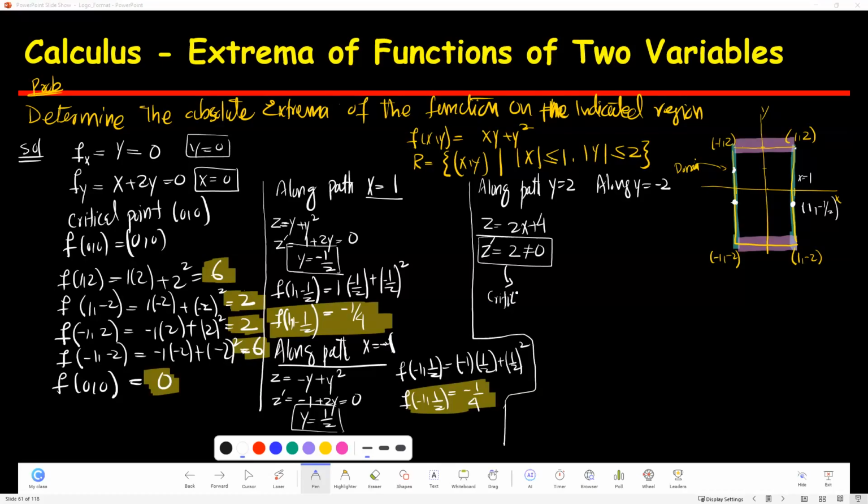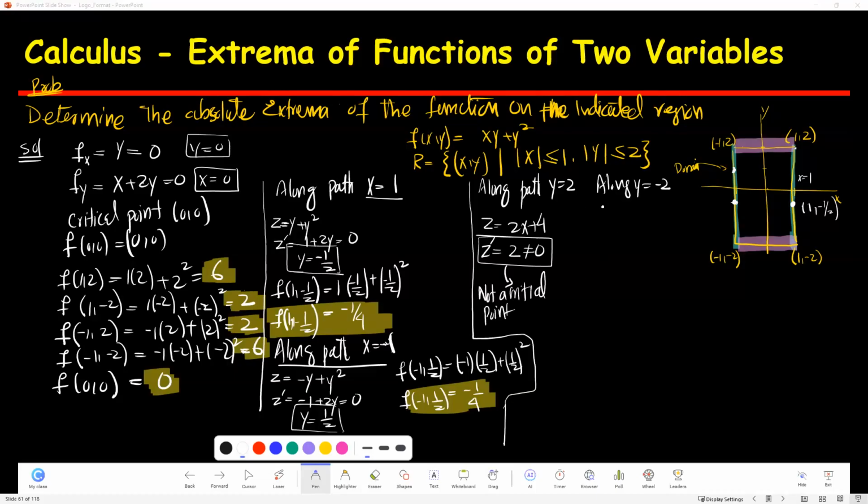It means the function at this point is not doing this, is not doing that. I don't know what it's doing. Maybe going straight, or maybe this line, or maybe this line. I have no idea. So I cannot proceed. I'm going to say it is not a critical point. Critical point means really when they make a turn.